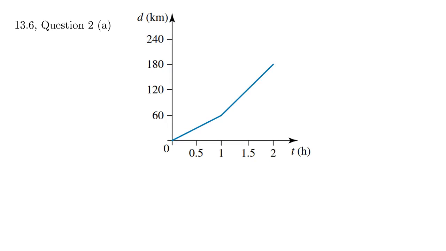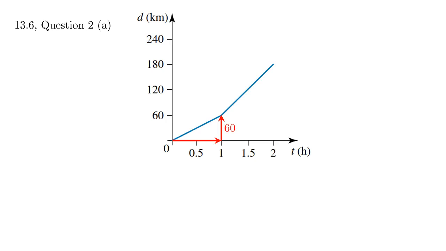All right, so let's pinch some questions from your book. Question 2a has a graph like this. It asks you to describe the journey and to actually talk about the speed of the car at different lengths of the journey. What you see is two separate lengths of the journey. The first one is where, for the first hour, it only travels 60 kilometers.